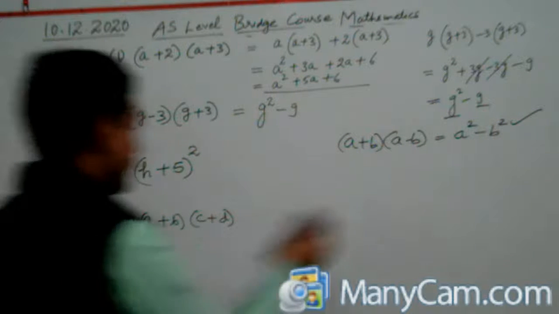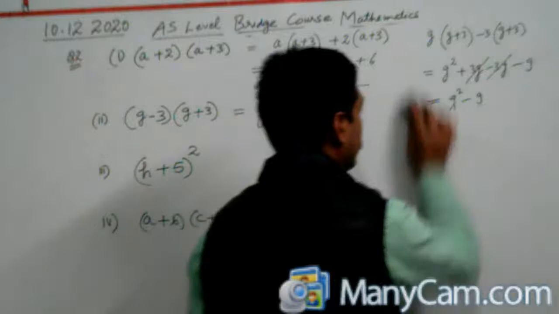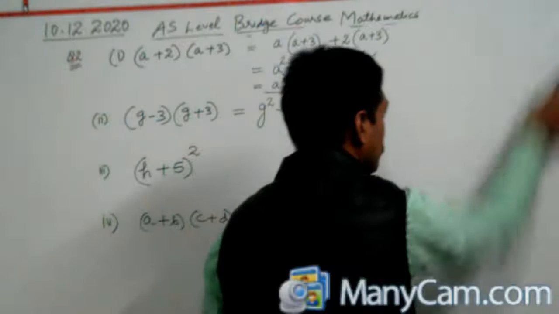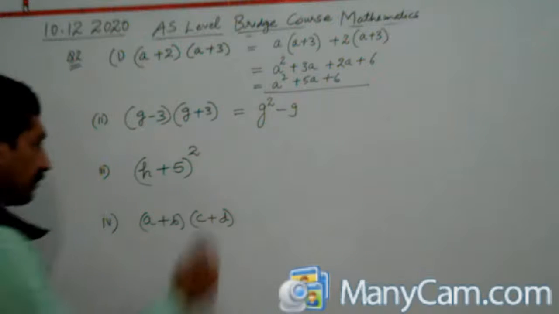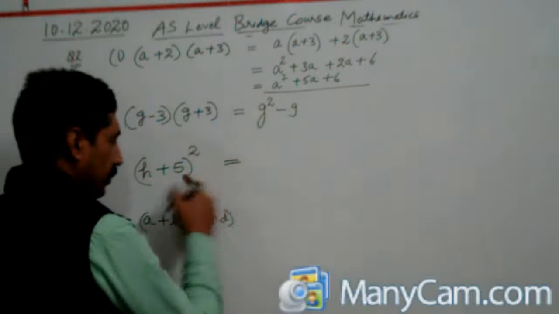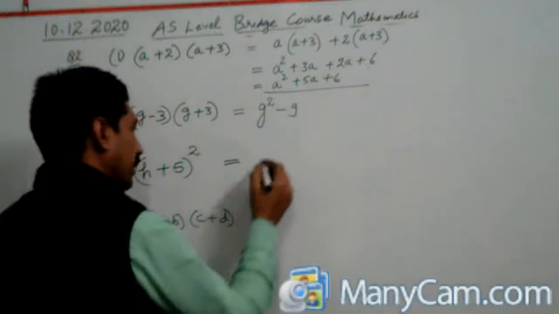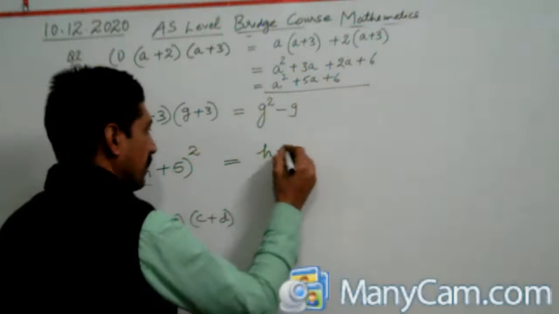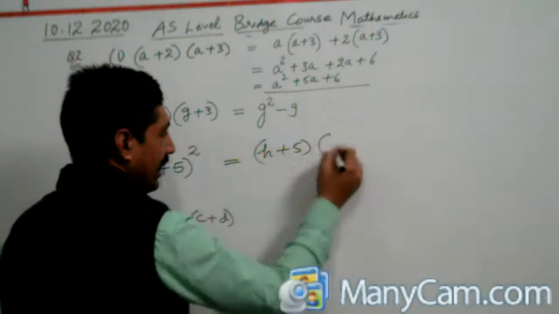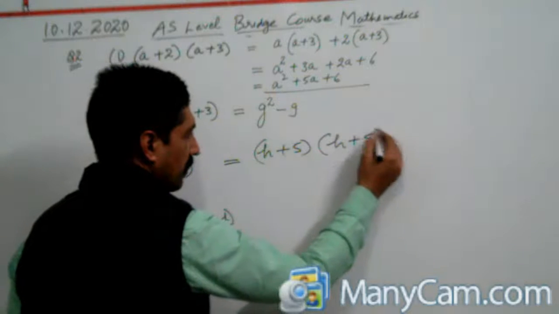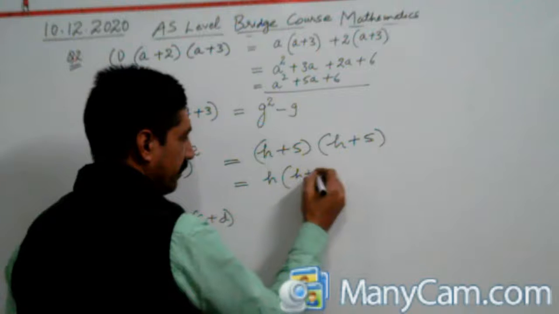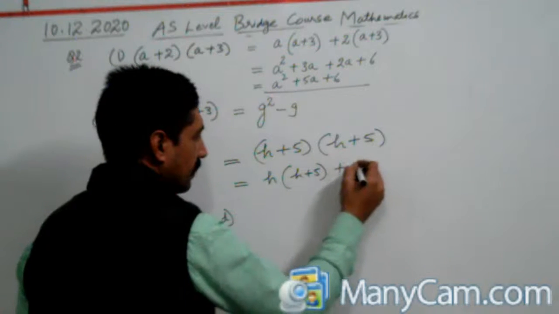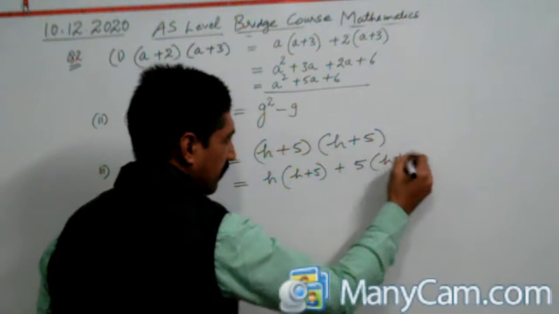In the same way, same identity, a square plus b square plus 2ab we can apply here. If you want to apply the identity, you can apply it on here, that is h plus 5 into h plus 5. We write h into h plus 5 plus 5 into again h plus 5.